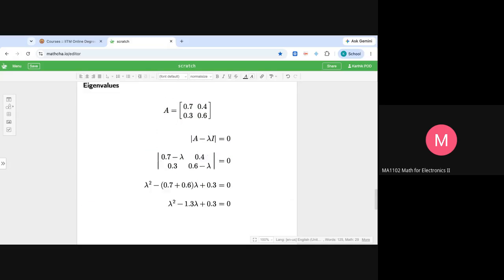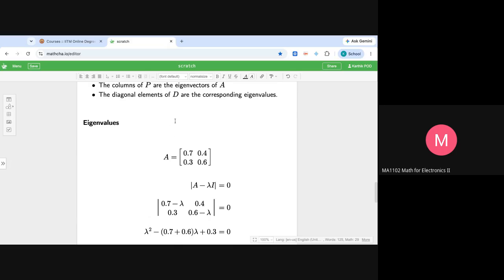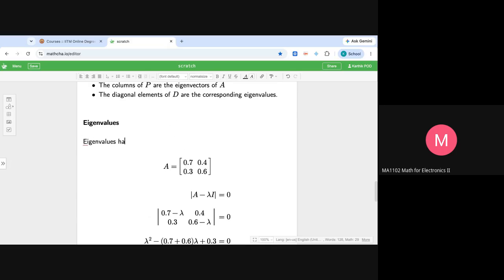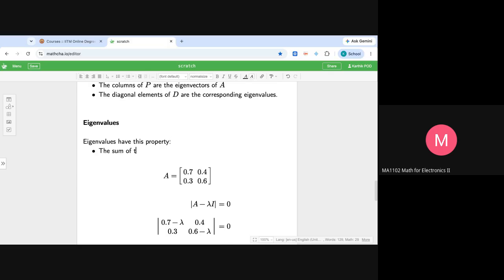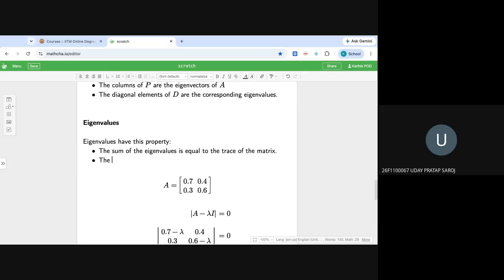So there is this property: the sum of the eigenvalues is equal to the trace of the matrix, and the product of the eigenvalues is equal to the determinant.